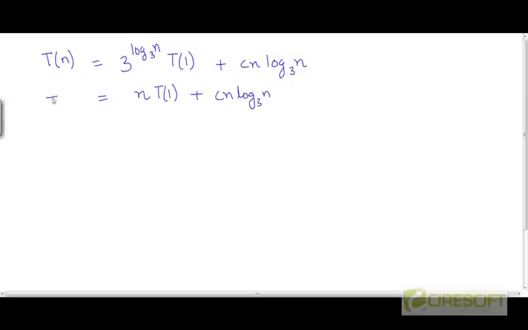So if this is the expression for T of n, then we can see that T of n is in theta of n log n. This is the dominant term. T of 1 is a constant, so this term is a lower order term. And so T of n can be said to be in theta of n log n.